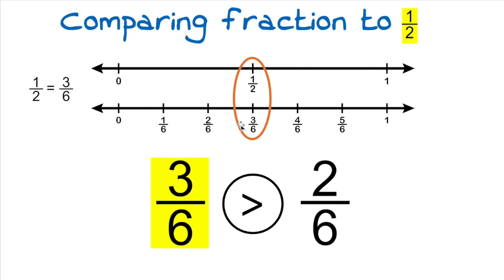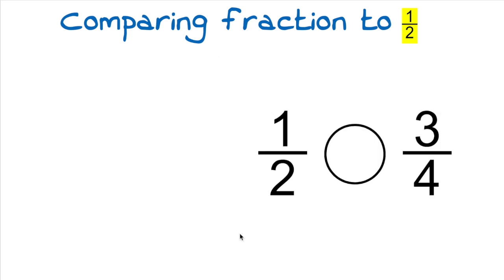Now that we know that 3/6 is greater than 2/6, we can think back to our original question, which asked about 1/2. 3/6 is the same as 1/2, so we can just put 1/2 back in there and know that 1/2 is larger than 2/6. And that makes sense on our number line because here's where 2/6 is and 1/2 is farther along. That's what we worked on last time.